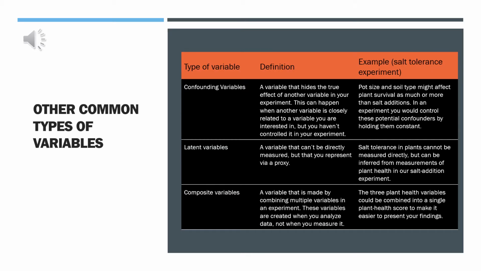So here are some examples of confounding, latent, and composite variables. And I want to give you a few other examples too, besides the ones you read here. A confounding variable is one you didn't account for. It can disguise itself with another variable's effects. Confounding variables can invalidate your experiment results by making them biased, or sometimes suggesting a relationship between variables exists when it doesn't.